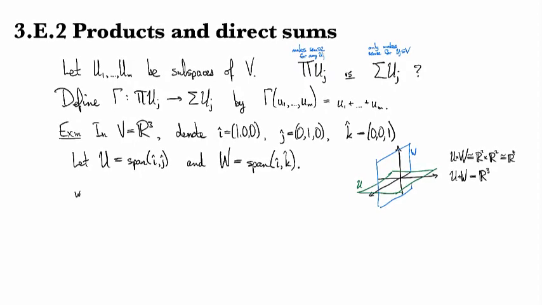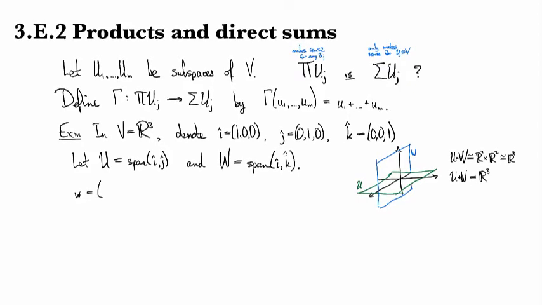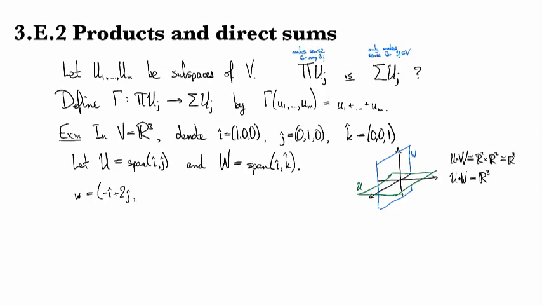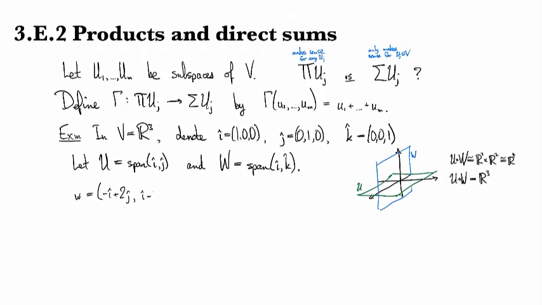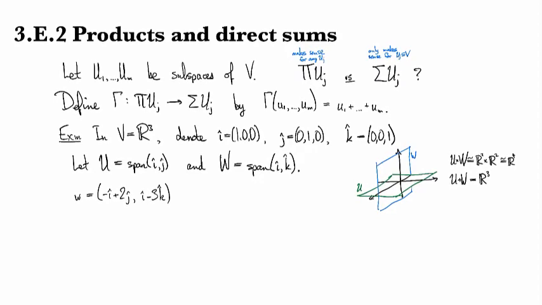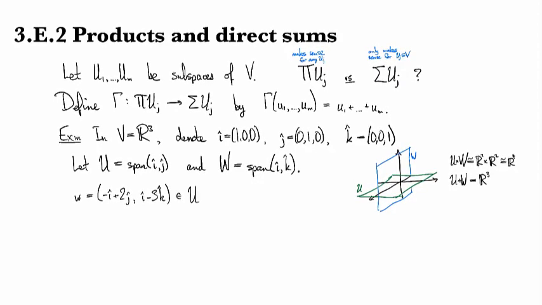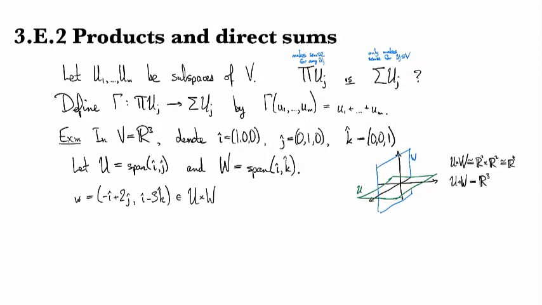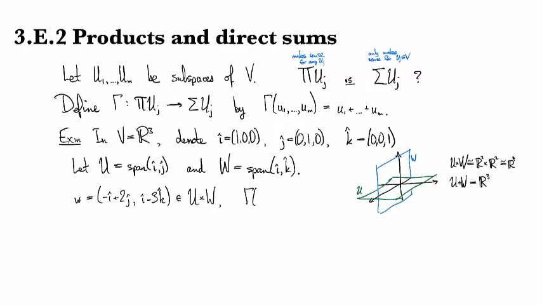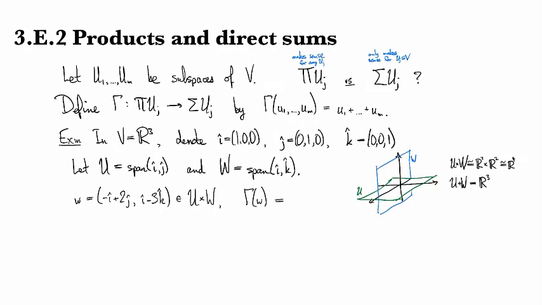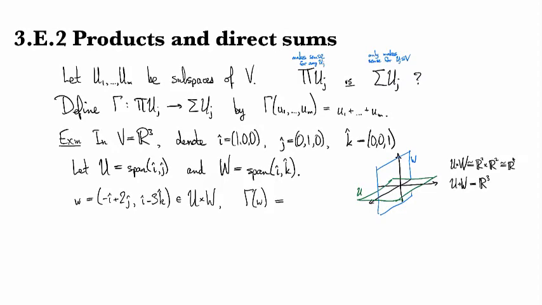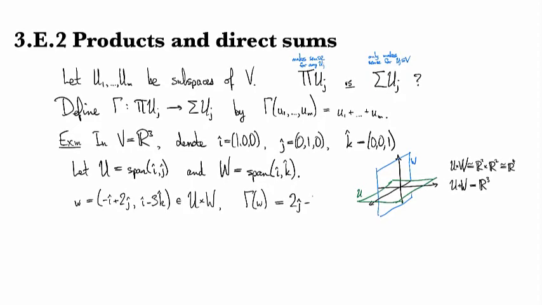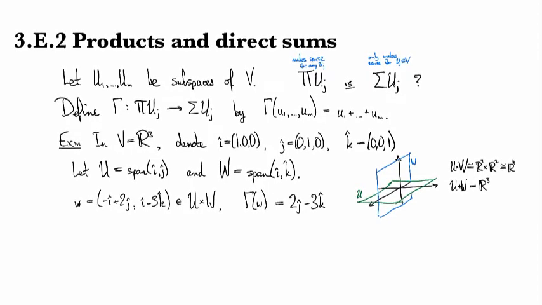So if we consider something like (minus i hat plus 2j hat, i hat minus 3k hat), this is an element of U cross W. For this one, we have gamma of it is equal to, and then when we add those components together, the i hats cancel, and we have 2j hat minus 3k hat, right?